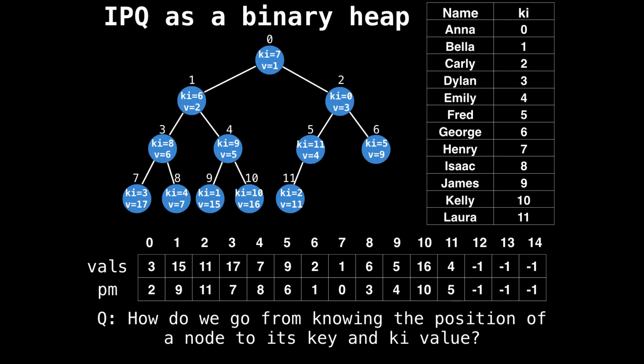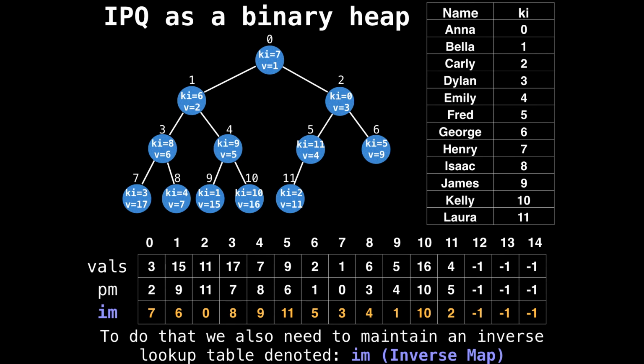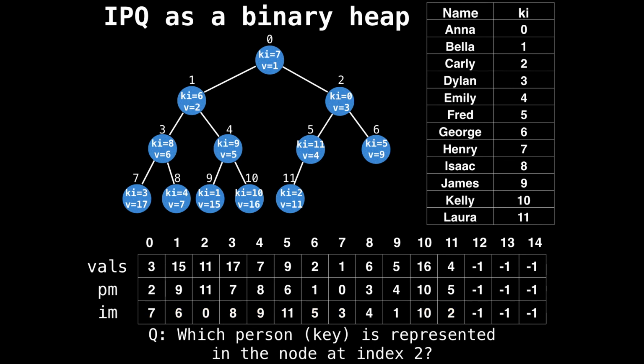Say you want to know which key is associated with the root node at index 0. Well, you need to be able to do an inverse lookup to figure that out. To do the inverse lookup from node indices to keys, we'll need to maintain an inverse lookup table. I will denote this lookup table as IM, short for inverse map. Let's see if we can figure out which person is represented in the node at index 2.